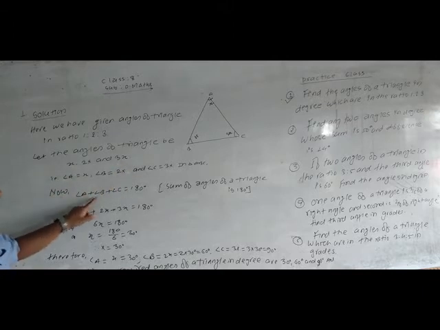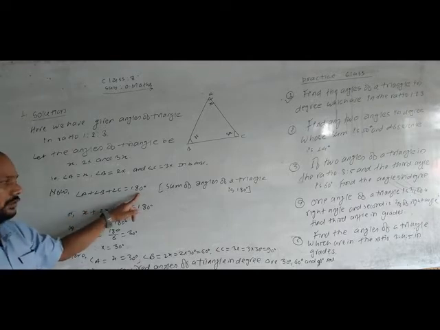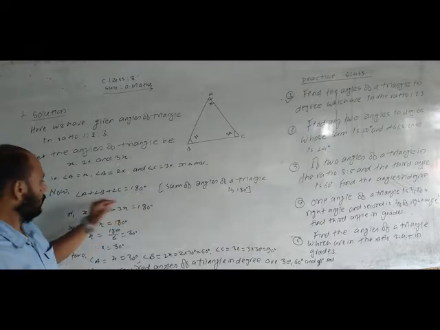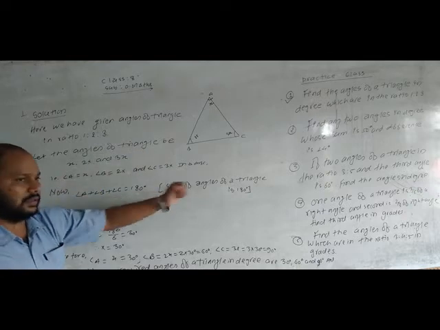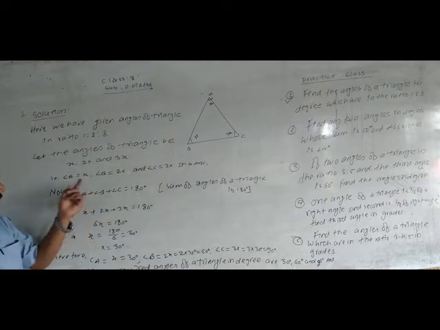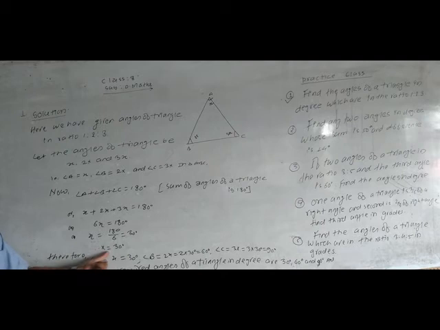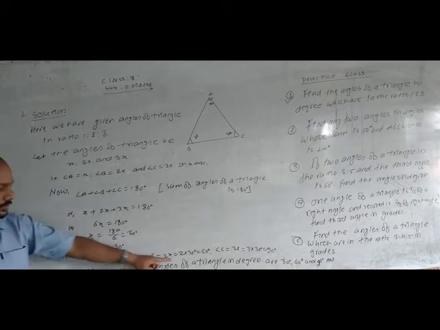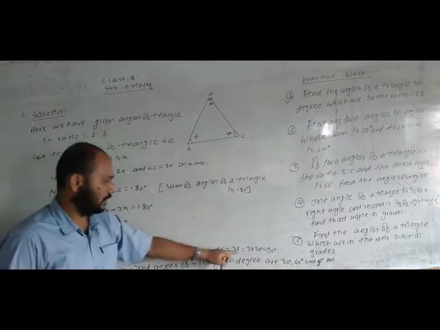The sum of the angles A plus B plus C is 180 degrees, as we already read in geometry. You put the values of A, B, C here and solve for x. We get x equals 30 degrees, so angle A is 30 degrees, B is 2 into 30 degrees, C is 3 into 30 degrees.